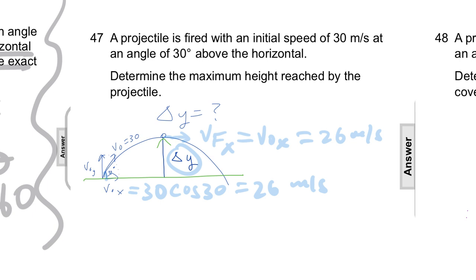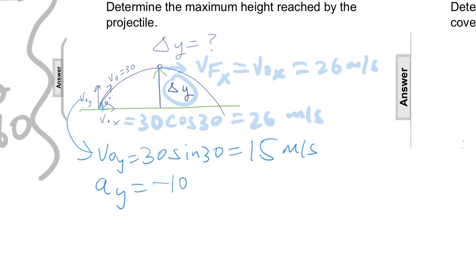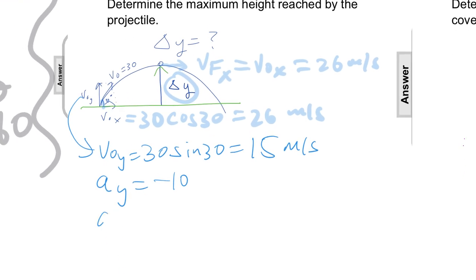Okay, let's find VOY. VOY is 30 sine of 30, which is 0.5 times 30, which is 15 meters per second. We know AY is negative 10 meters per second squared on Earth.